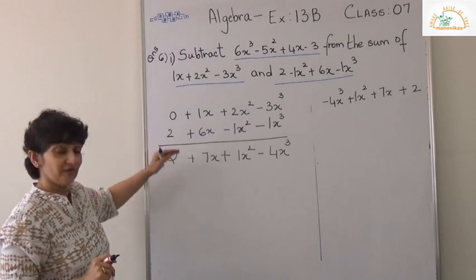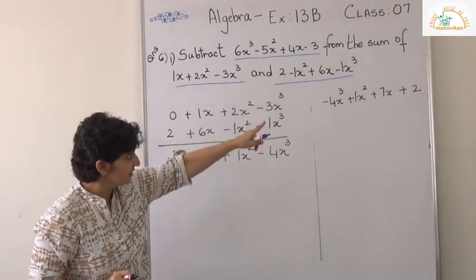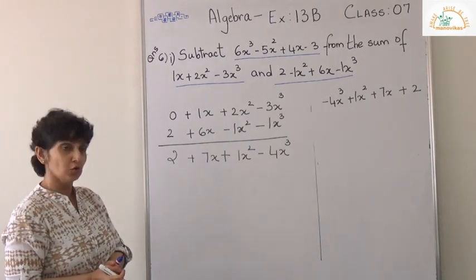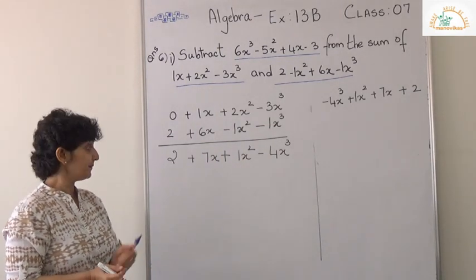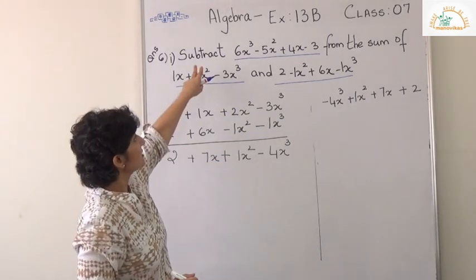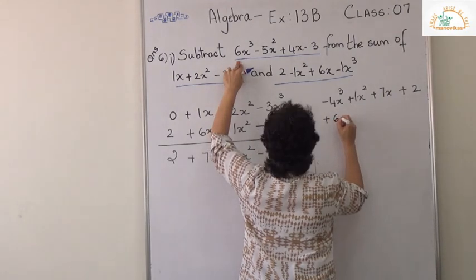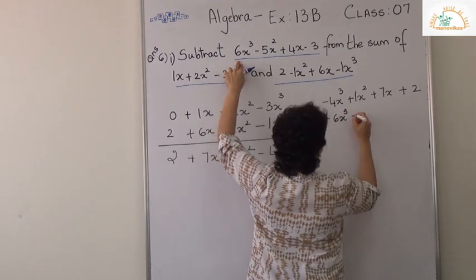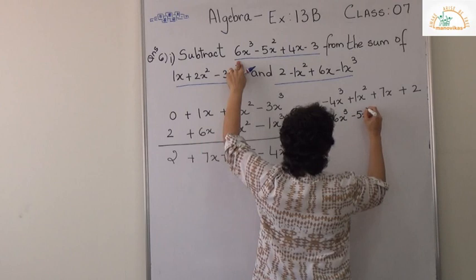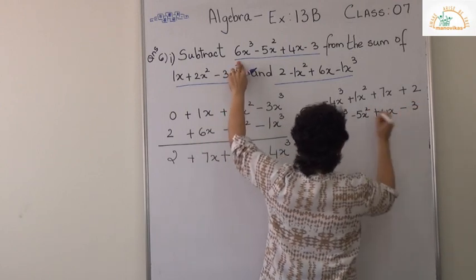Just have a look. We have added both. Correct? Now I've started with the highest degree. Minus 4x cubed plus 1x squared plus 7x plus 2. I need to subtract this from here. So it is plus 6x cubed minus 5x squared plus 4x minus 3.